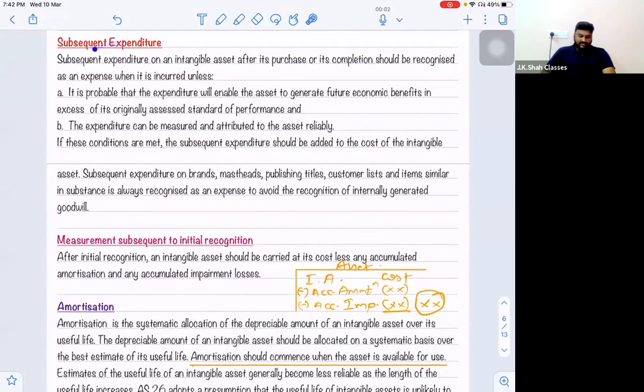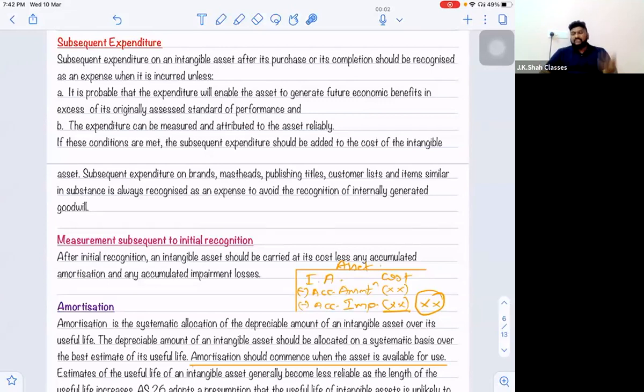So let's go for the next one. Subsequent expenditure, AS10. Means if after incurring a subsequent expenditure, the future economic benefit of the asset increases beyond its original capacity of earning, plus the cost of the asset, the subsequent cost can be measured reliably, then the subsequent cost can be capitalized.